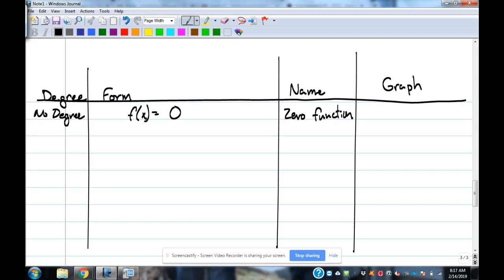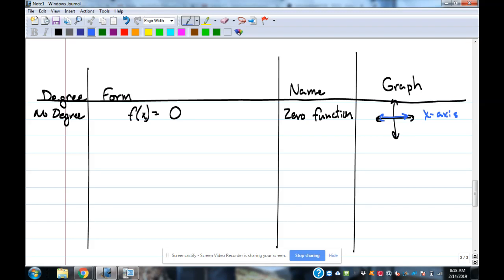If 0 is the only thing in the polynomial, it doesn't have a degree. And the graph is, I'm just going to sketch a small coordinate plane here, and then it lies right on the x-axis. We should know that anyway. Y equals 0. But that has no degree.